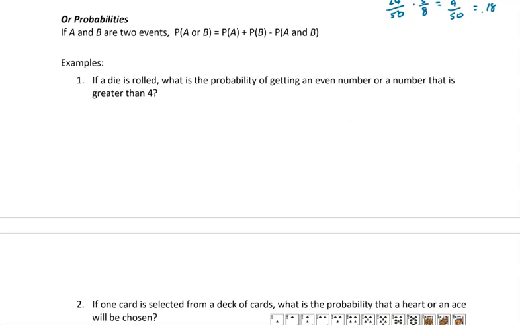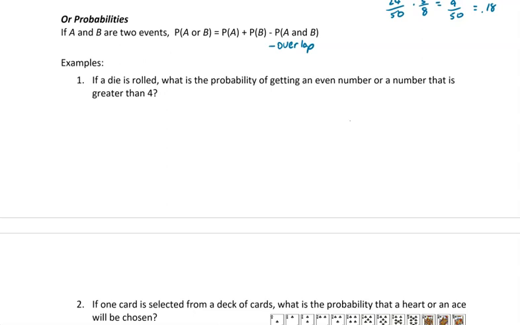It's the probability of A plus the probability of B minus the overlap. So you'll see what I mean in a second, but just keep that overlap part in your mind.